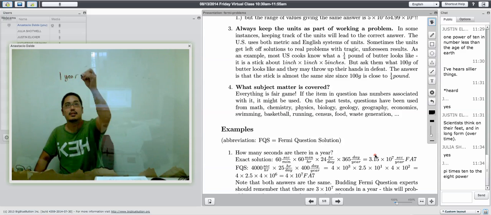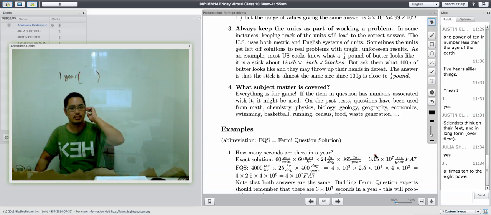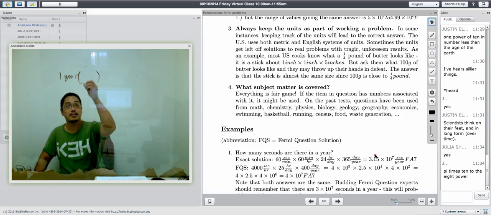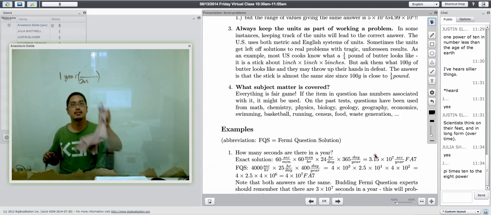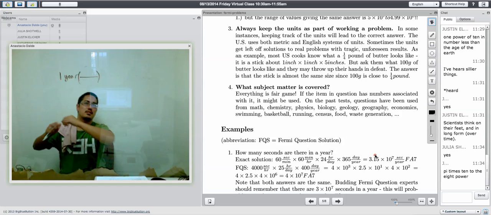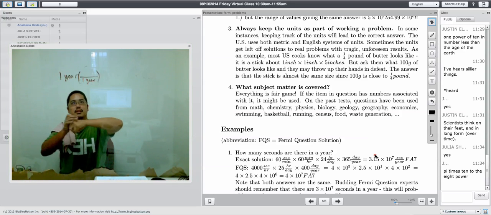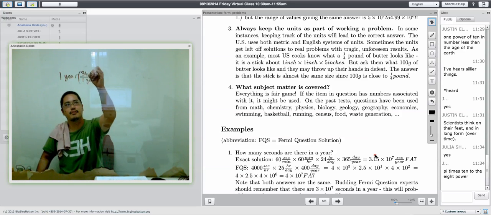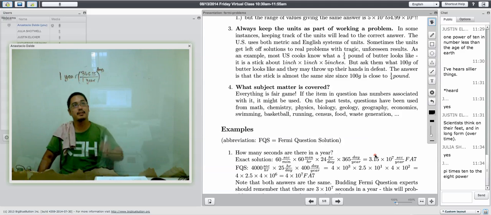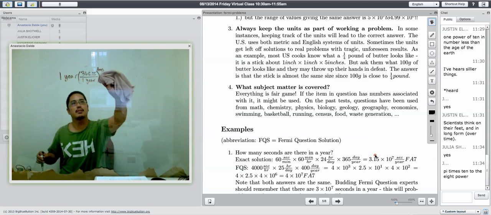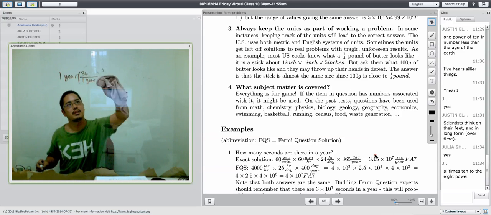Well, we can go 1 year is 365.25 days. Nope, oops. I want 1 year to be on bottom. And I'll put 365.25 days on top. Sorry, it's sloppy. Let me just clean it up a little bit. Hold on, sorry. I apologize.